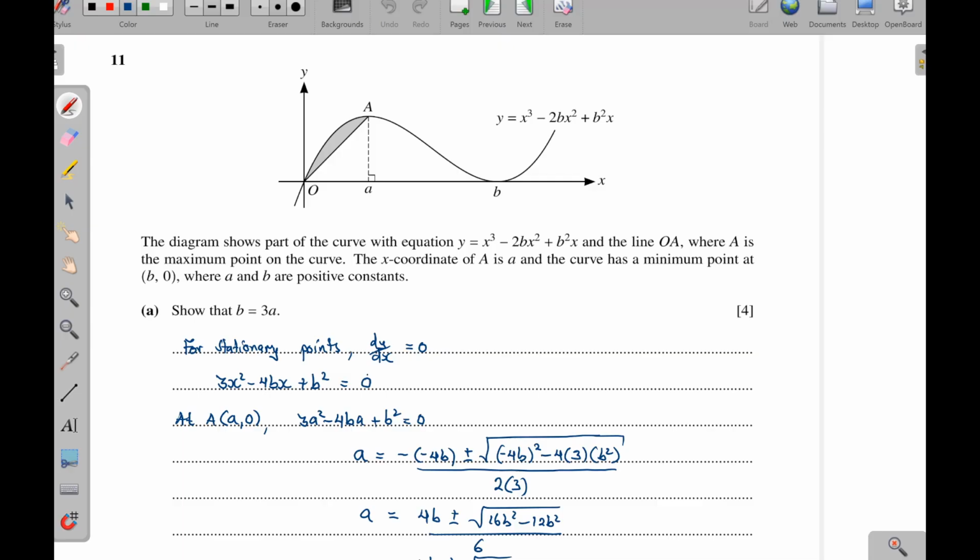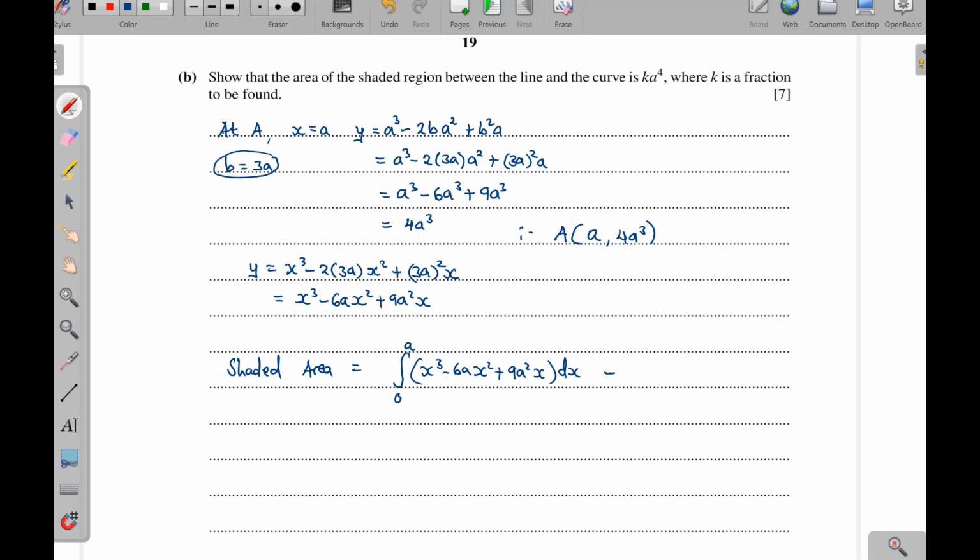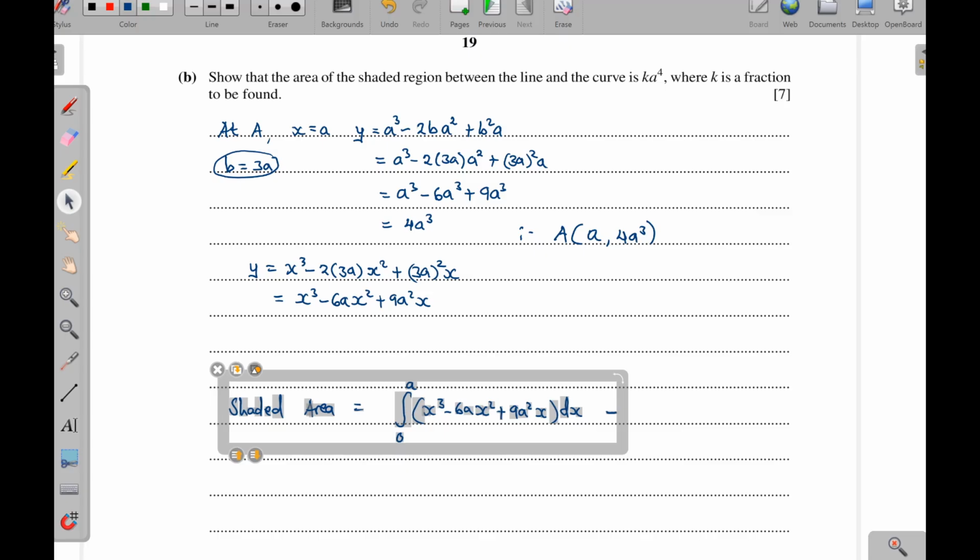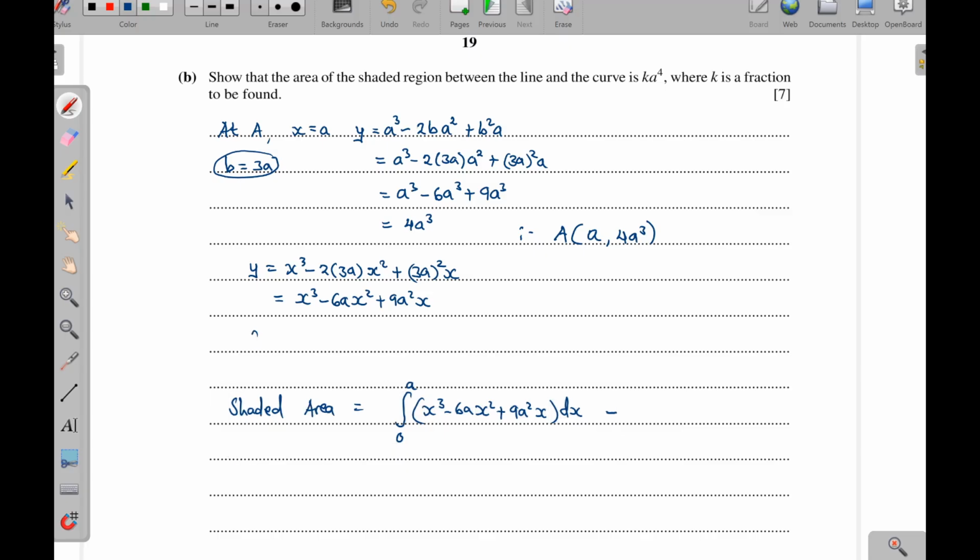Okay, area of the triangle is a half times the base, here is a, and then the height will be the value of y we got when we substituted a, which is 4a cubed. You see that? So in fact, it is minus the area of the triangle. In fact, let me write this one like this so that you follow clearly.